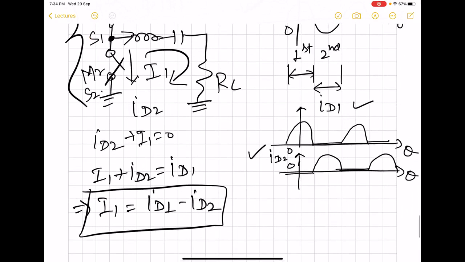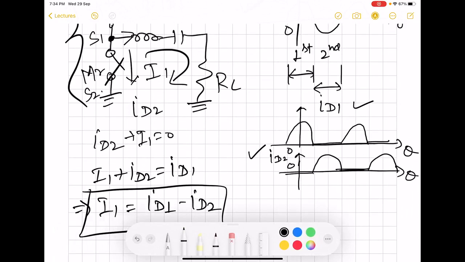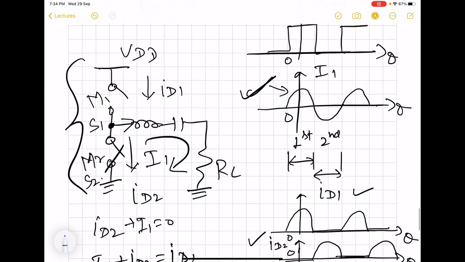That means in this circuit, there will always be a DC coming from VDD and passing into ground through M2, IDC. But that DC will not flow in this direction. So now everything is visible here.